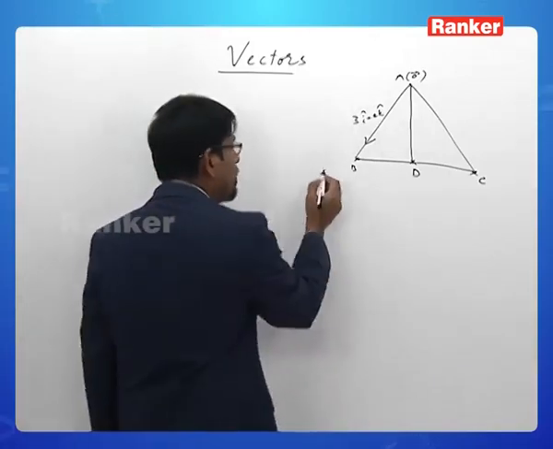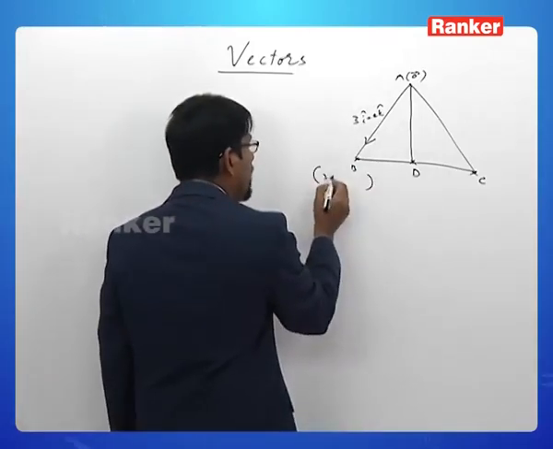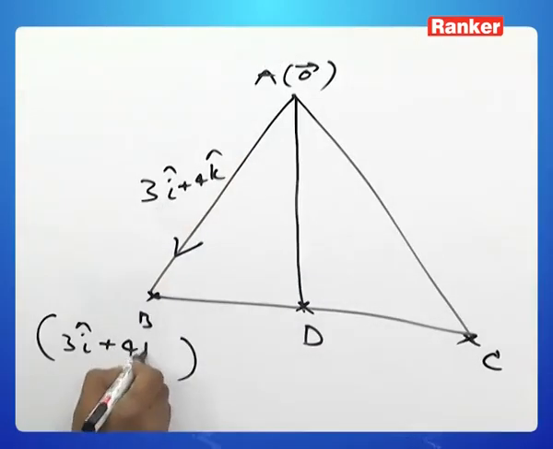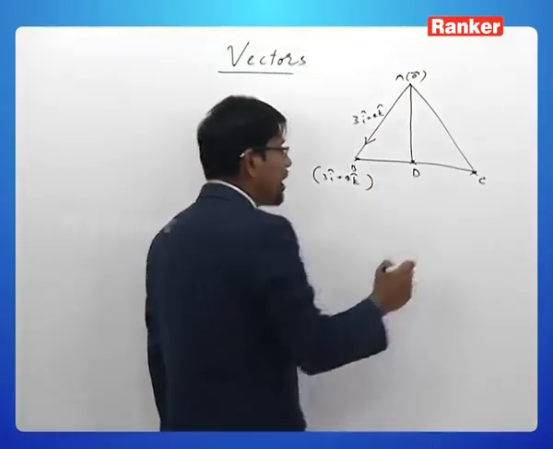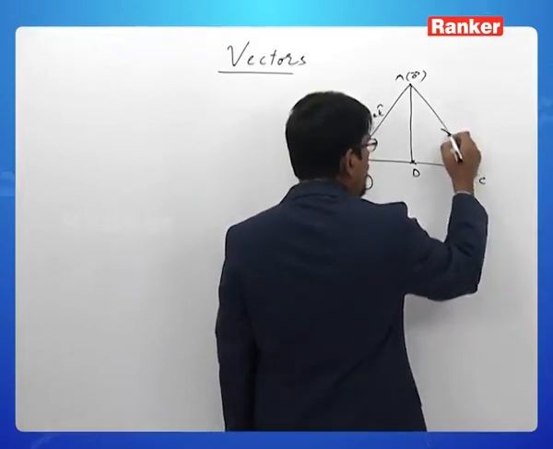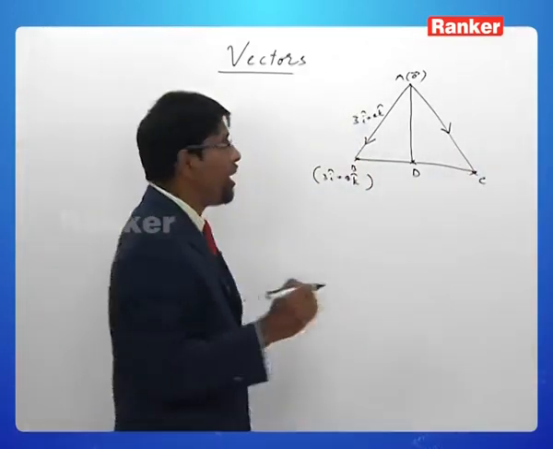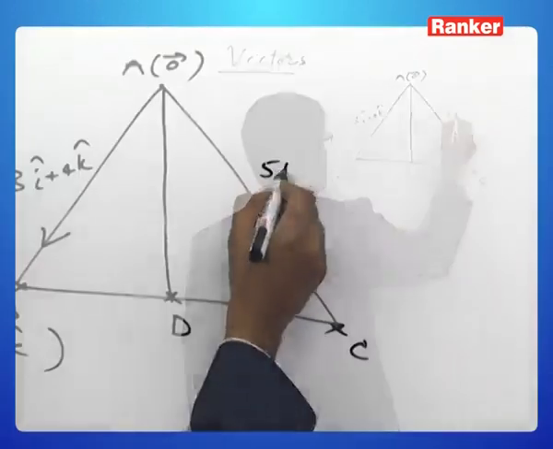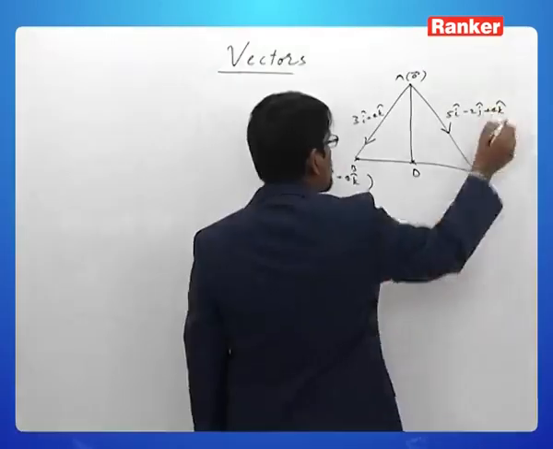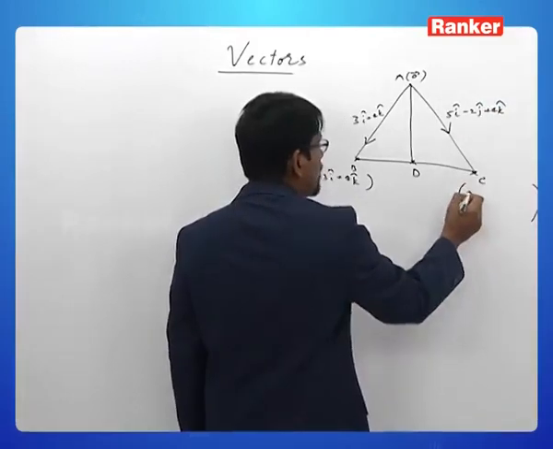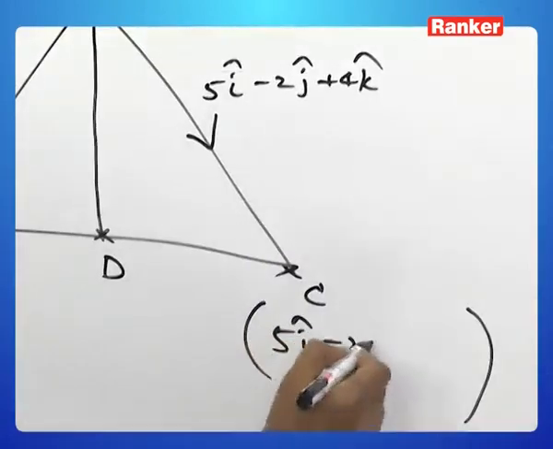That is going to be the position vector of B here. I am assuming A to be the origin. Similarly, AC vector is given to be 5i minus 2j plus 4k, so the position vector of C will become 5i minus 2j plus 4k.